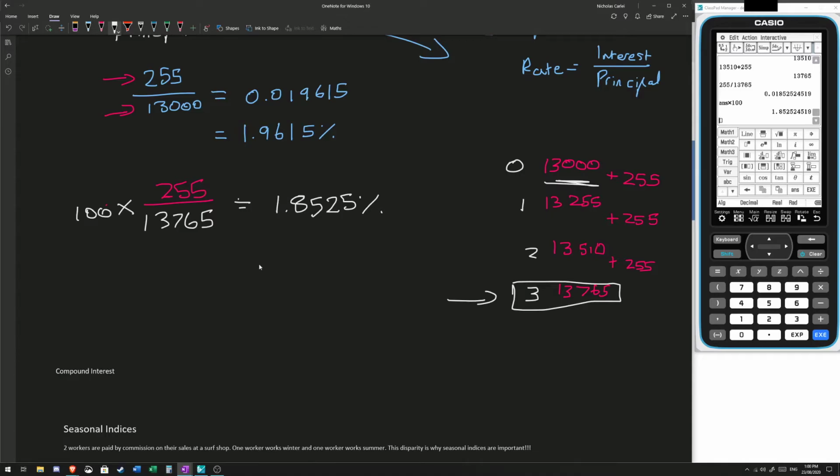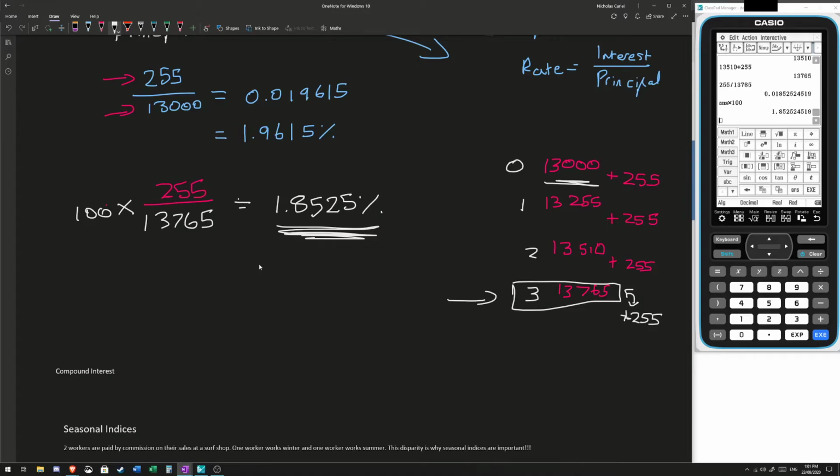We're earning interest on that of $255. We know that because it's simple interest. What is that rate between these two things? So $255 divided by that 13,765, times it by 100, and that gives us our equivalent interest rate, okay?